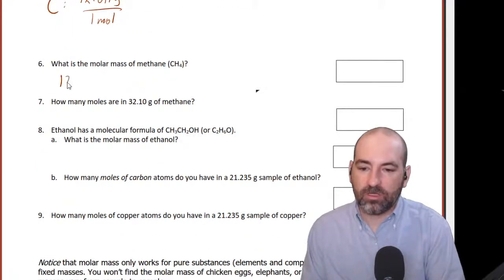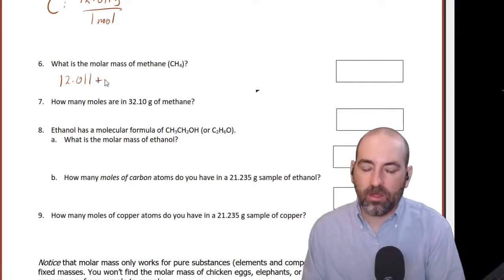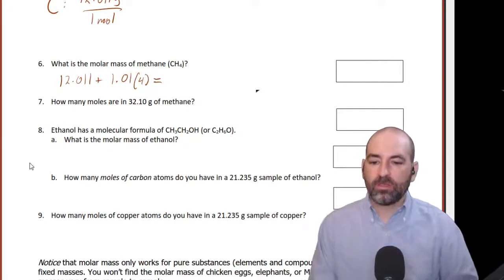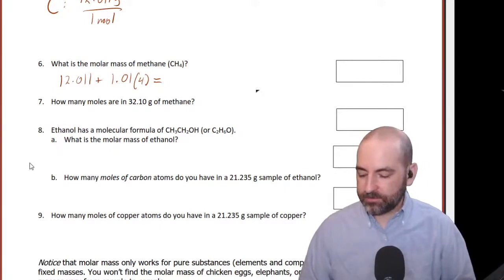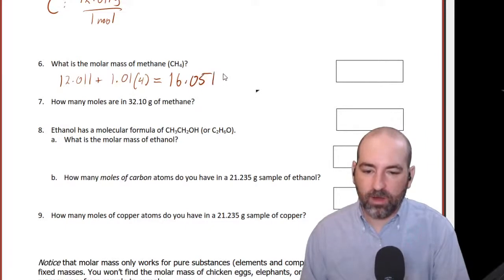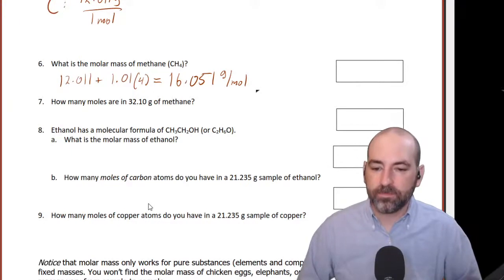So carbon is 12.011, hydrogen is 1.01, and there are 4 of them. And so the molar mass of methane is 16.051. So that's grams per mole, grams per 1 mole.